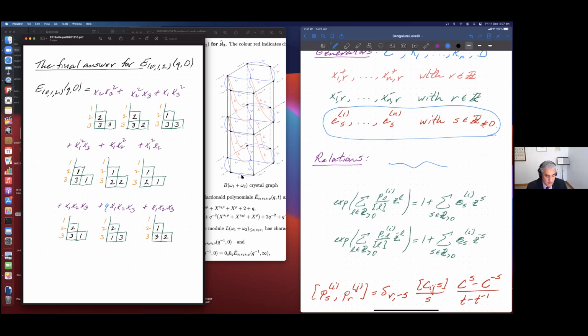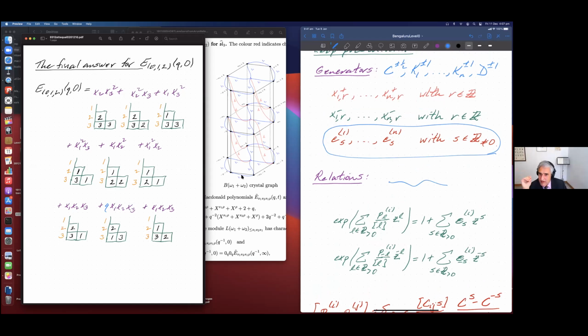Well, they're symmetric functions in some imaginary variables. At the moment they're just symbols e's and p's, which satisfy the ordinary interrelations of symmetric functions. But of course, I could introduce those imaginary variables, and that's what people normally do, to make them actual symmetric functions in some variables that are available.